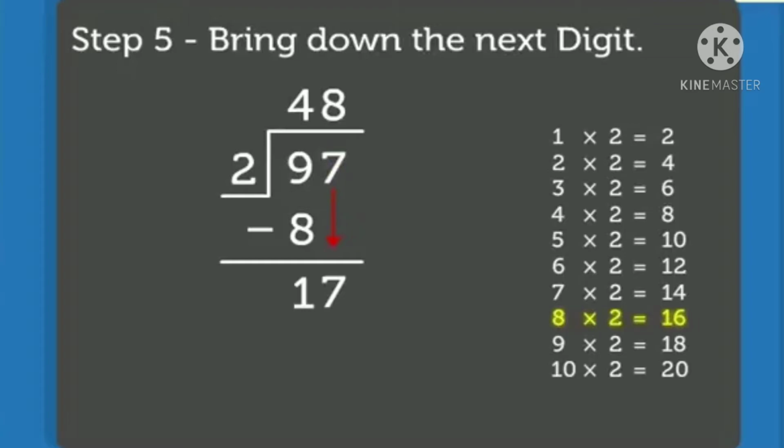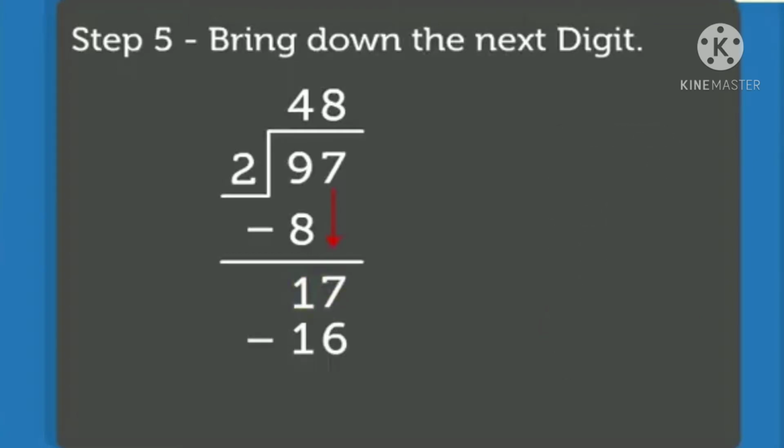As we know, 8 into 2 is equal to 16. Write the number 16 under 17. Next, subtract 16 from 17, which is equal to 1. Write 1 in the ones column.